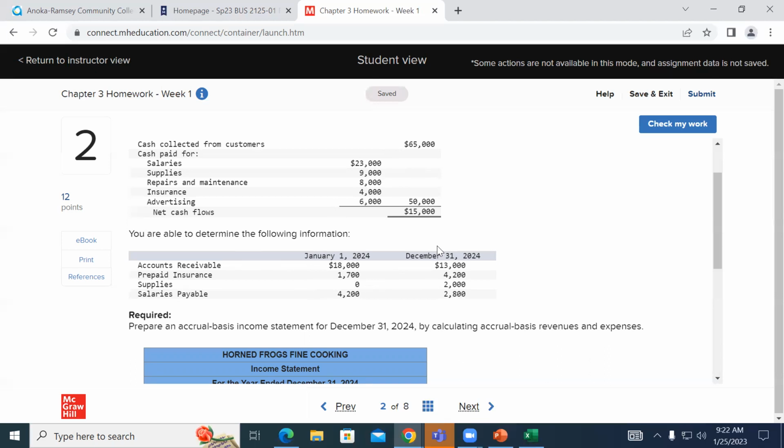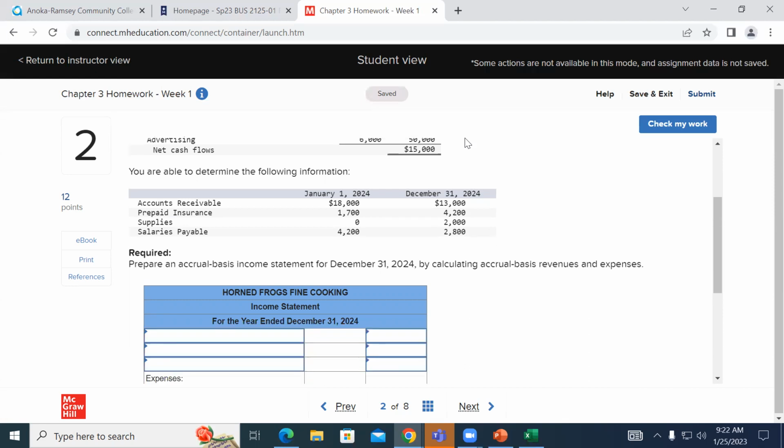Make sense? So to me, this service revenue of 65,000 shows the cash that was received. But for our purposes, they only really earned revenue of 60,000 in 2024 because 5 of it came from the previous year. Does that make sense?